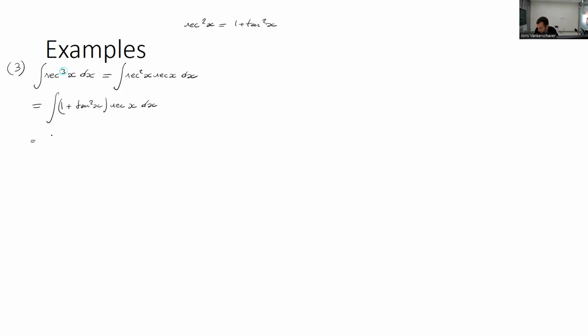Okay, so now let's split that up. We have the integral of secant x dx plus the integral of tan squared x secant x dx. And at least one part of that is easy. So the integral of secant of x dx, we've done that last time, that is equal to the logarithm of the absolute value of secant of x plus tan of x.